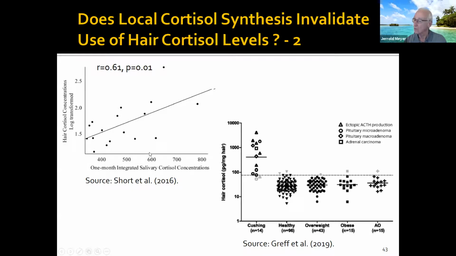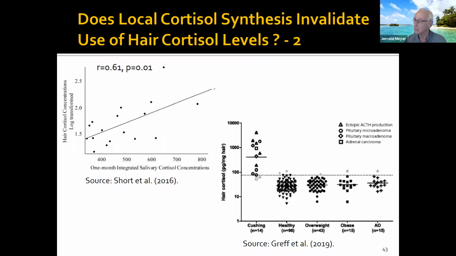This is 1 month. So they measured it over a number of weeks, over a month, the integrated salivary concentrations, AUC, against hair cortisol in the same subjects. So pretty decent. So again, the saliva has to be coming from the blood, right?